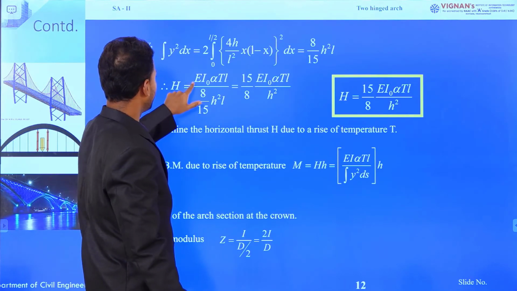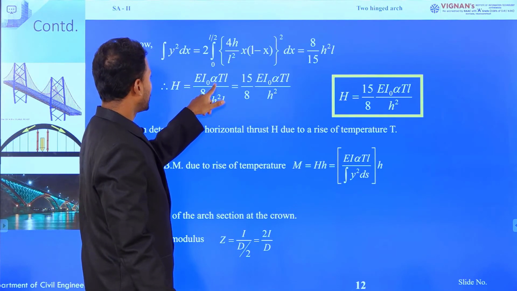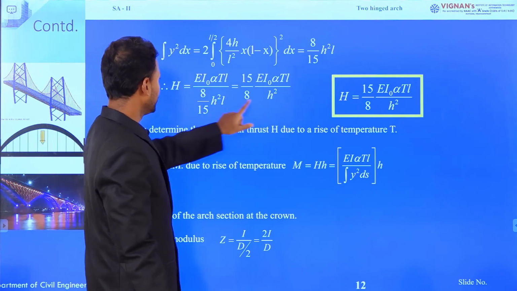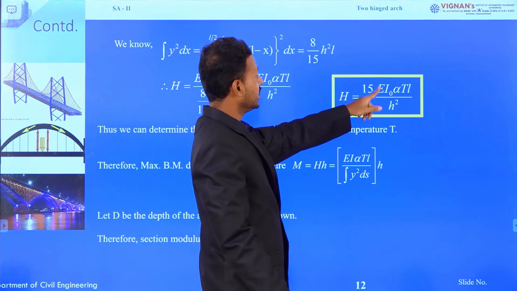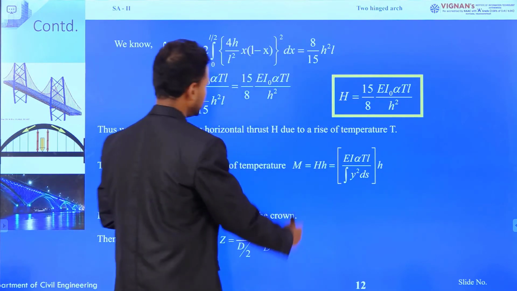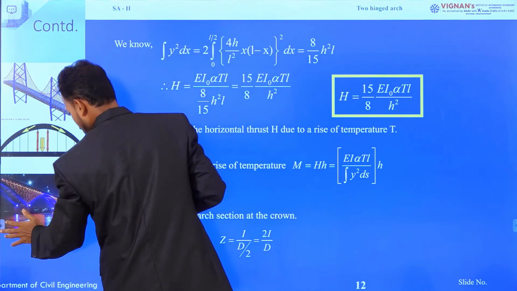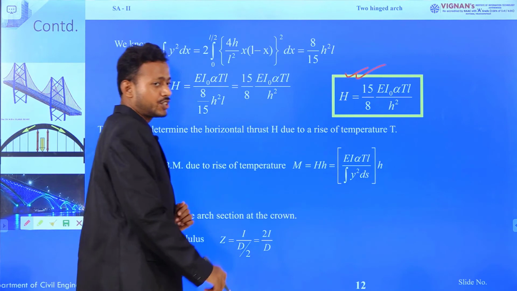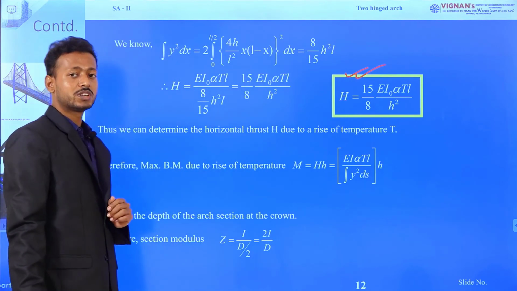So, we have E I naught alpha T L divided by 8 by 15 h square by L. So, ultimately we will have 15 E I alpha T L divided by 8 h square. This is the final expression of horizontal thrust for a parabolic arch when it is subjected to temperature rise.